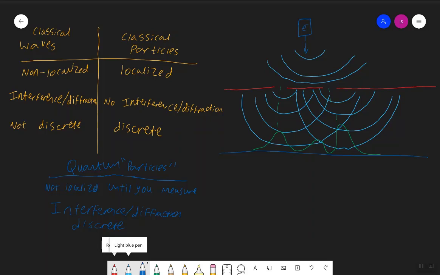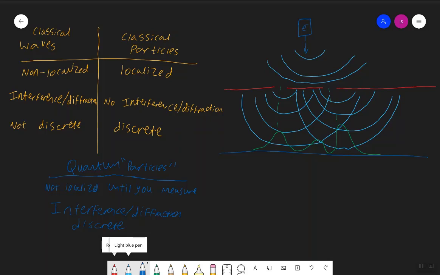For the photoelectric effect, for example, light behaves as a particle, but in the double slit experiment, it behaves as a wave unless you measure for a single photon. Same thing with electrons in the double slit experiment. If you are not measuring a single electron, they act as a wave. However, when you measure one, it acts as a particle.